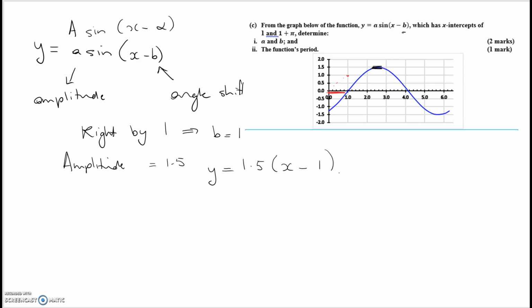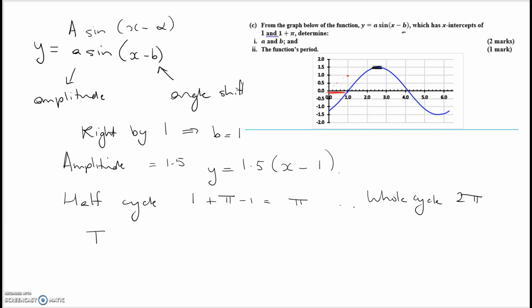You're asked to find the period. Either you can read it from the graph so that it tells you that half the cycle is 1 plus pi minus 1, which is pi. So therefore the whole cycle would be 2 pi.